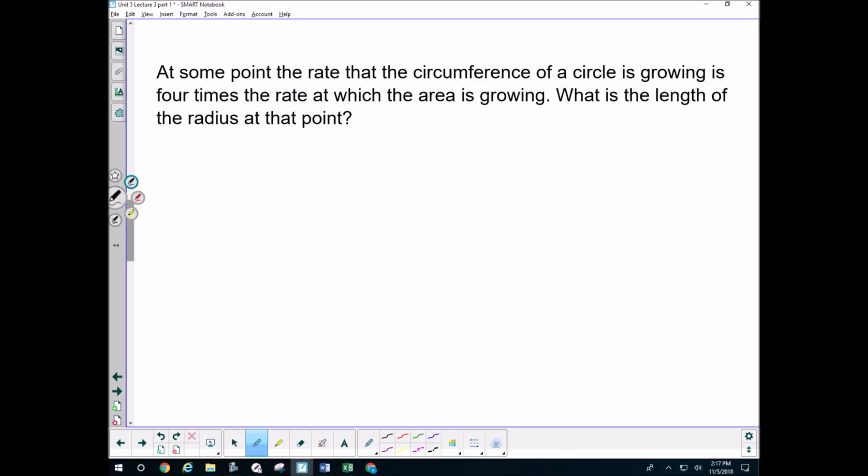You, my friends, need to know the formula for the circumference of a circle and the area of a circle. Those are the two you are going to be using. You also need to translate this statement. The rate that the circumference is growing is 4 times the rate at which the area is growing.